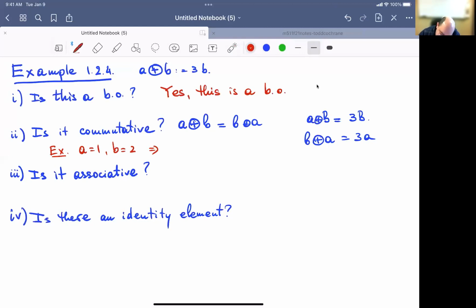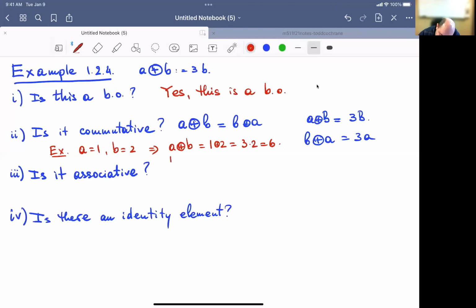Then a circle b is 1 circle 2, which is 3 times the second number, 3 times 2, which is 6.